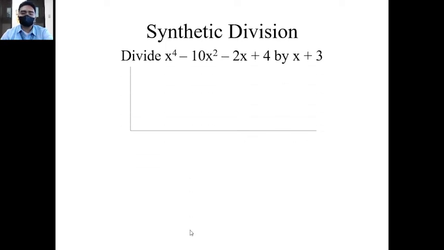So we are going to divide x raised to 4 minus 10x squared minus 2x plus 4. You're going to divide this polynomial by x plus 3.